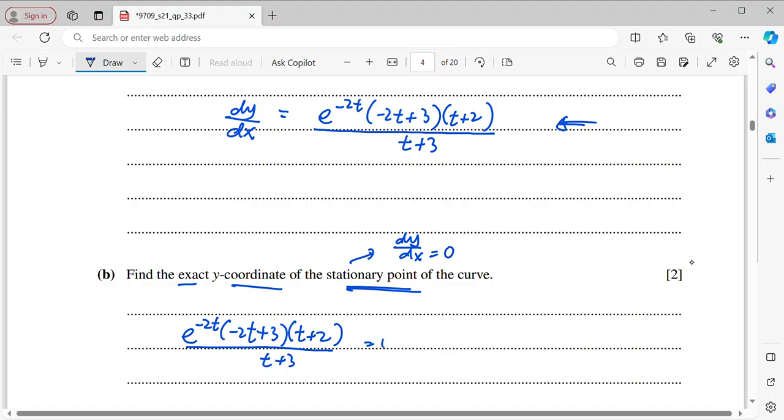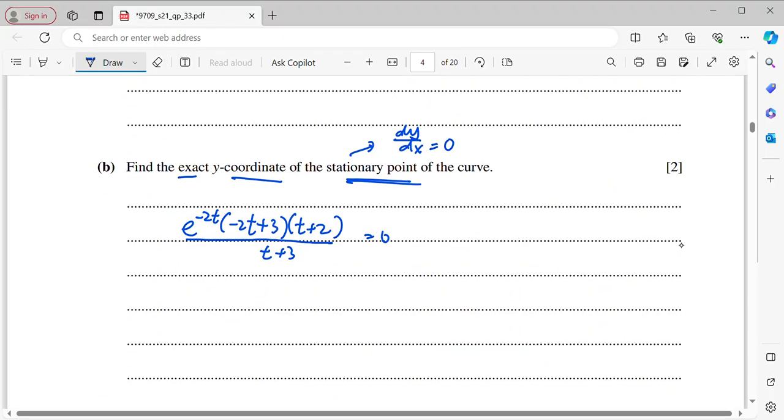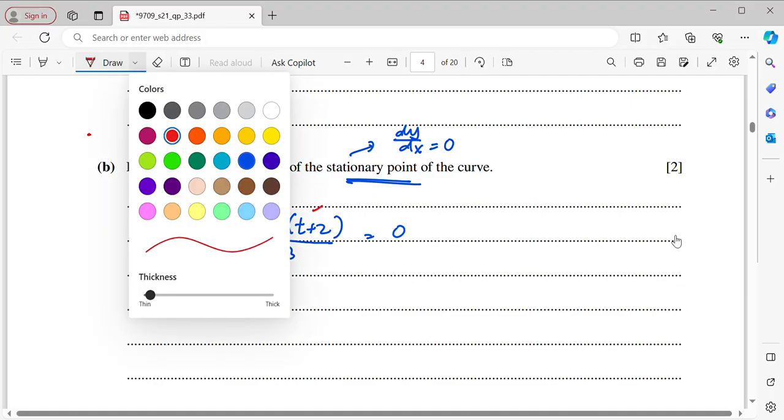and then you let it be 0. So when the division equals to 0 means that the numerator equals to 0. So when the numerator equals to 0 and the numerator has 3 terms here, 1, 2, 3, product of 3 terms equals to 0 means that any one term must be 0. So then we know that exponential will be never 0.